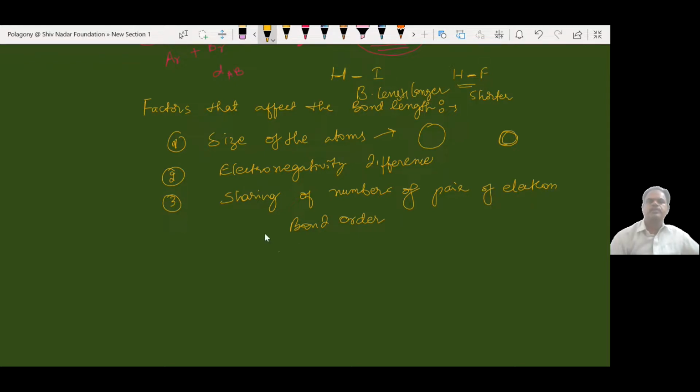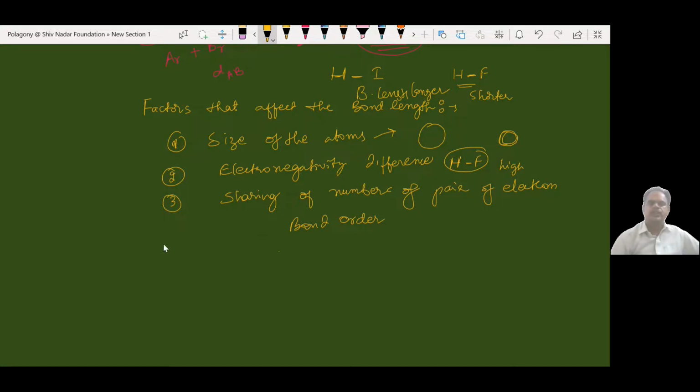This is one example. Electronegativity difference: in HF, the bond length is very short because fluorine has high electronegativity, the tendency to pull the electron pair towards itself. So bond length is affected by electronegativity.